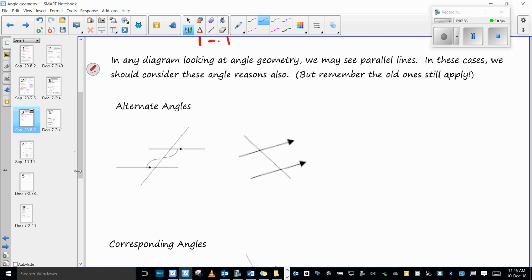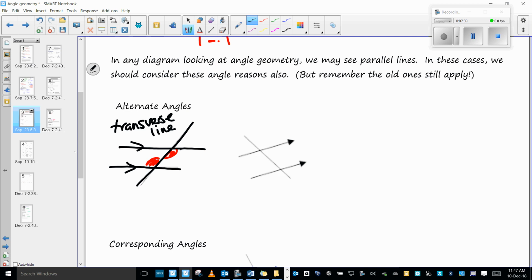So here are 2 parallel lines. These ones here would be called alternate angles. Now this line here is called the transversal line. It's the Z. So that would be a transversal line through our parallel lines.